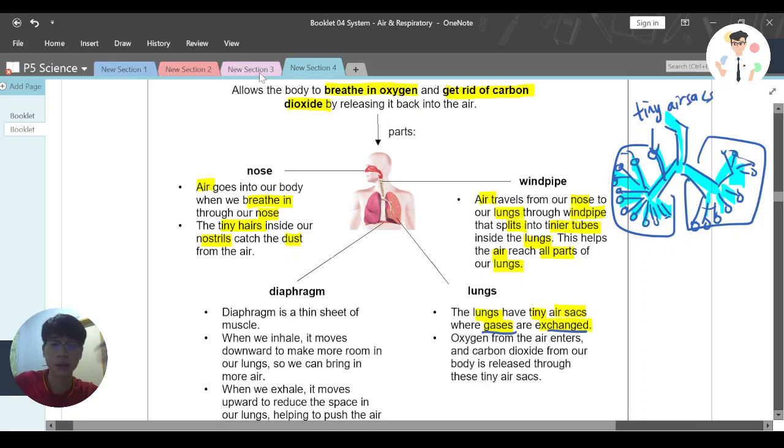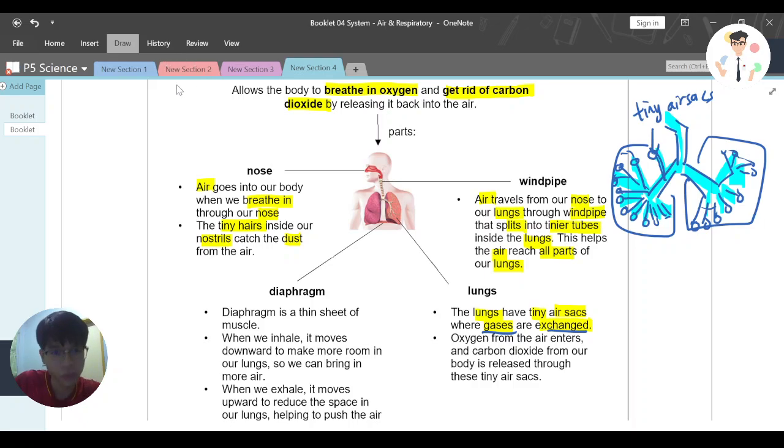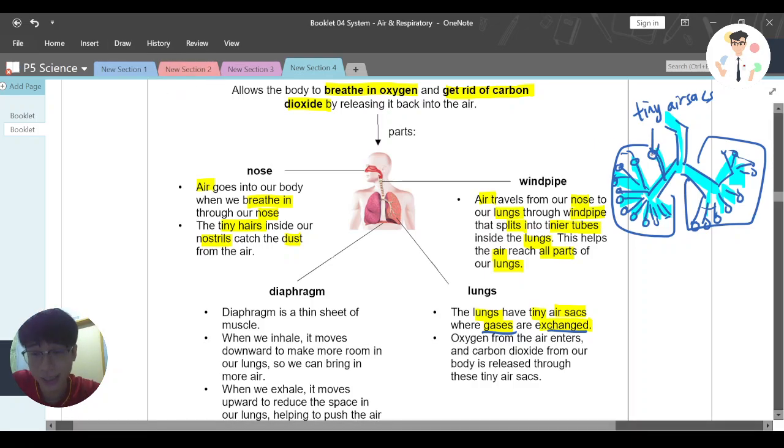What does it mean? On those tiny air sacs, there are blood vessels covering them. And what does that help with? We know that oxygen needs to be carried to the whole body through our blood. Let me quickly draw it for you here. Air enters here, then goes into this tiny air sac, and that is the blood vessel.